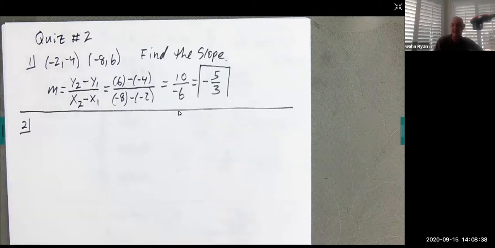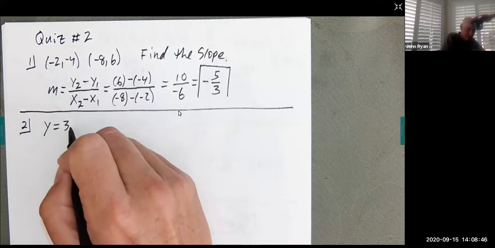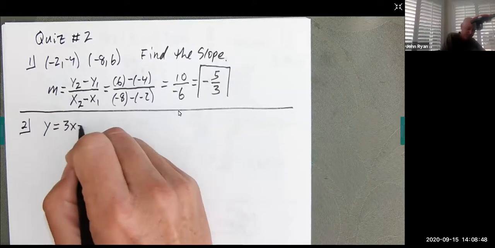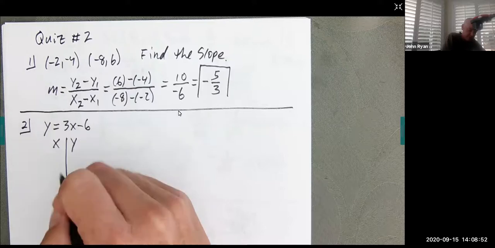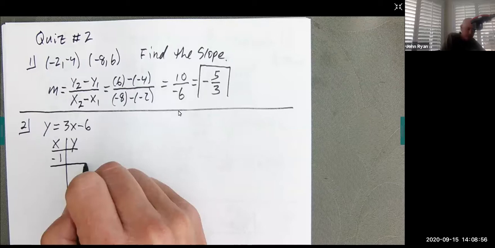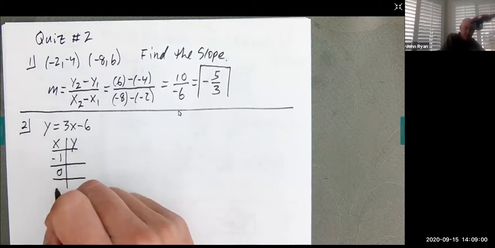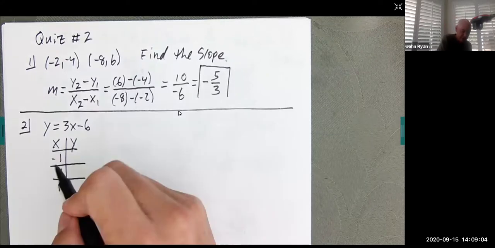Question 2, they call it a T-table. In class, I call it an XY table. It all means the same thing, but we're going to graph the line 3x minus 6 using an XY table, or what they call a T-table. This means I'm going to replace x here to get an associated y value.